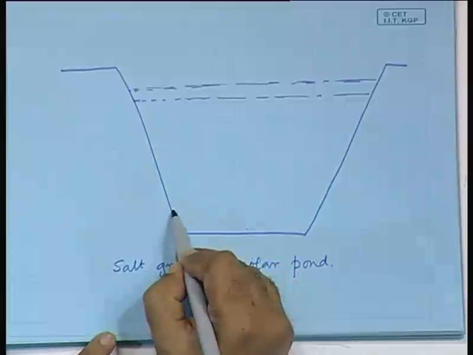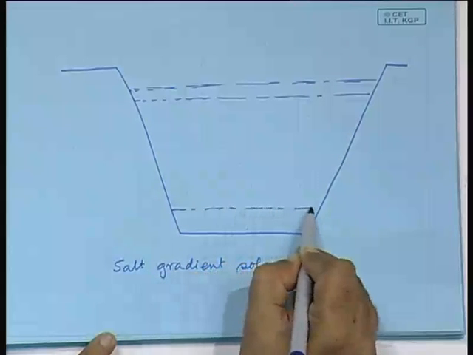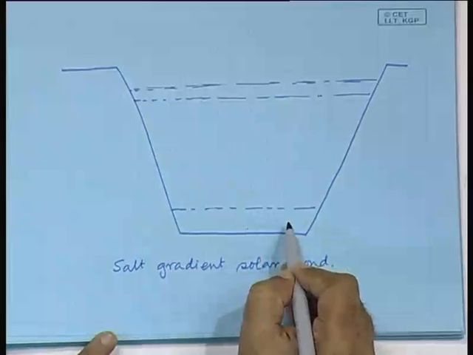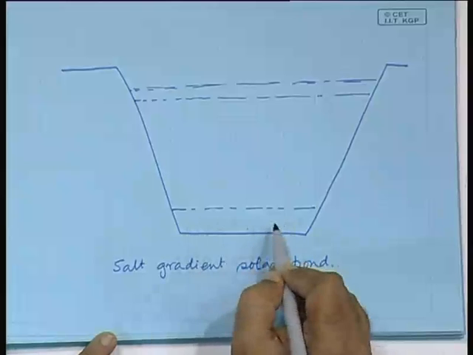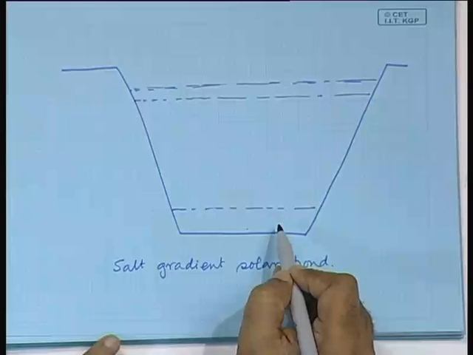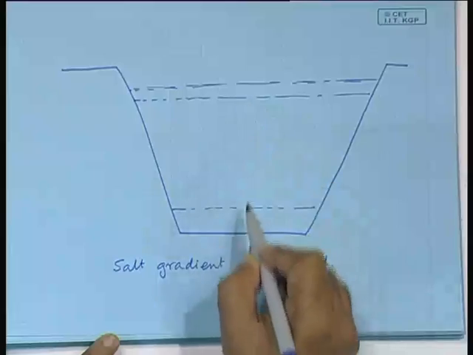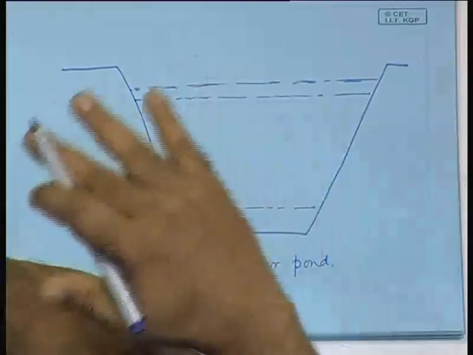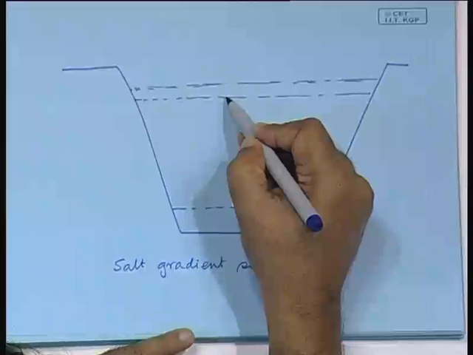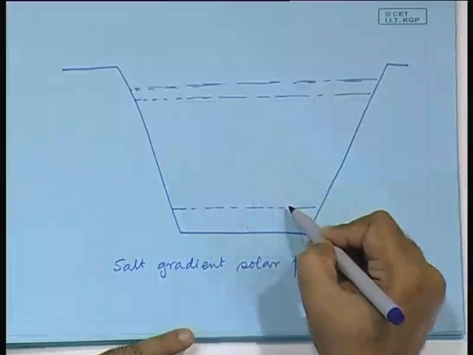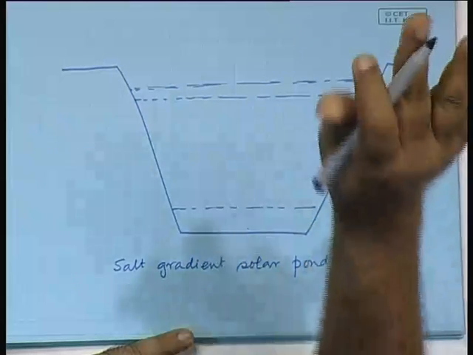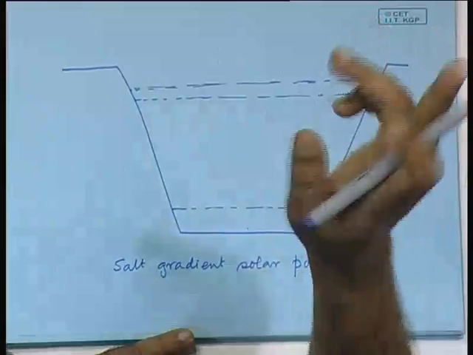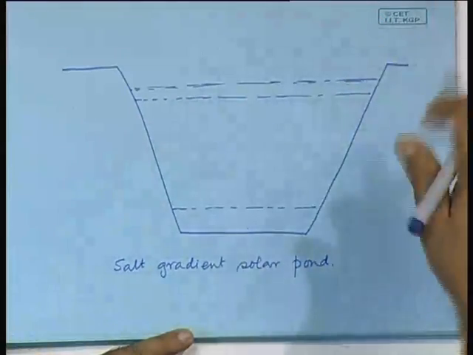Then at the bottom there will be a layer which will have very high density and which will be absorbing the incident solar radiation, but in between there would be a water layer, a definite depth of water, where the density of salt goes higher and higher as you go deeper and deeper. Without that you will not be able to do that. There has to be a gradient. It is not just that you mix salt and that is it.